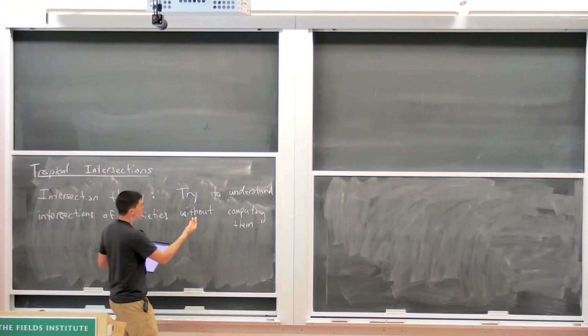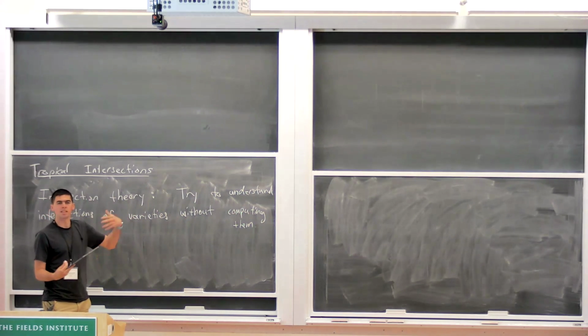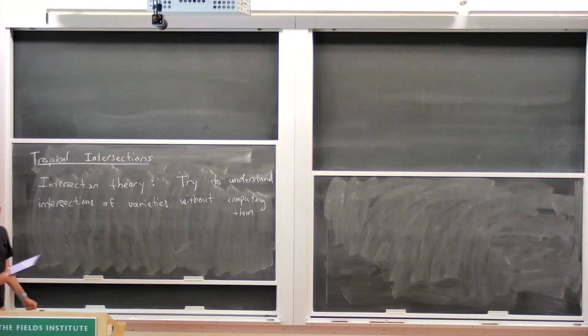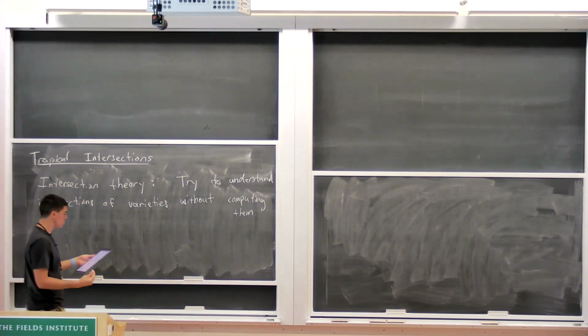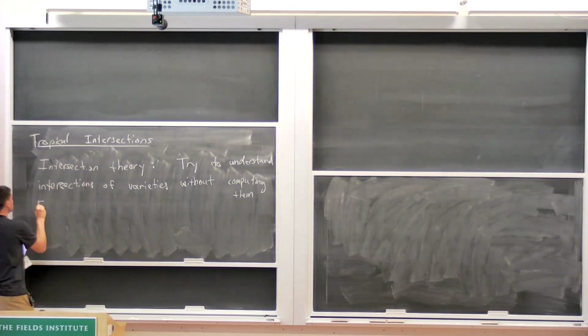Because computing the intersection of two subvarieties usually means simultaneously solving their defining equations, and that is hard algebraically to do, but sometimes you can say a lot without doing that.